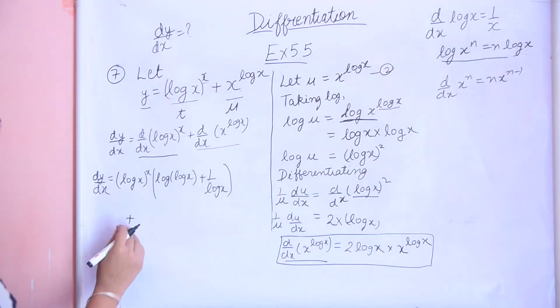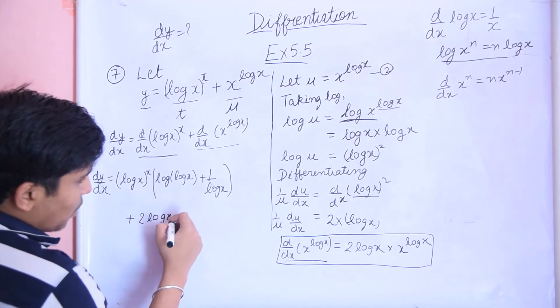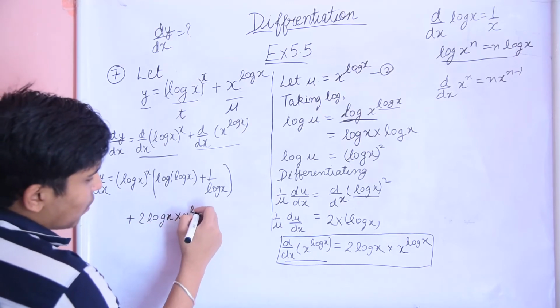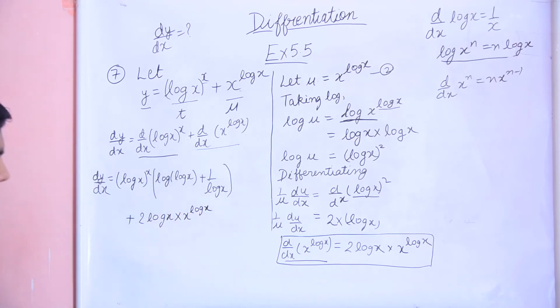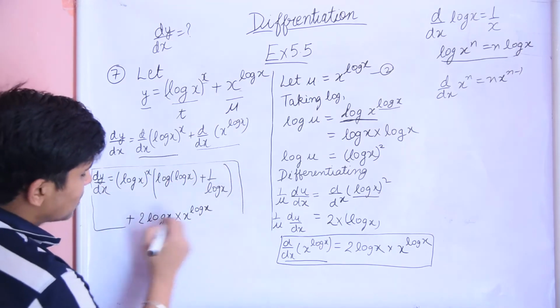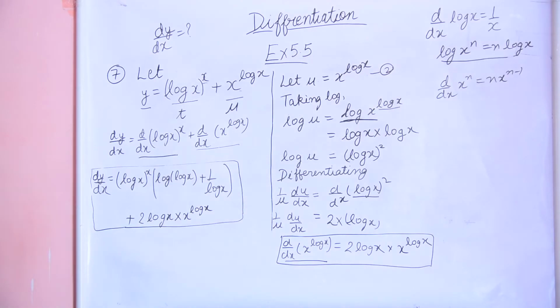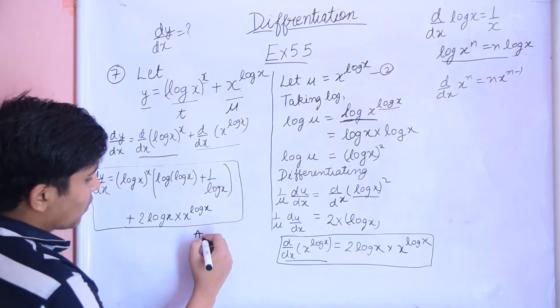And putting the value of this function here, we will have 2 log x into x raised to log x. So differentiation of y with respect to x is like this: log x raised to x, log x plus 2 log x into x raised to log x. And this will be the answer to our question.